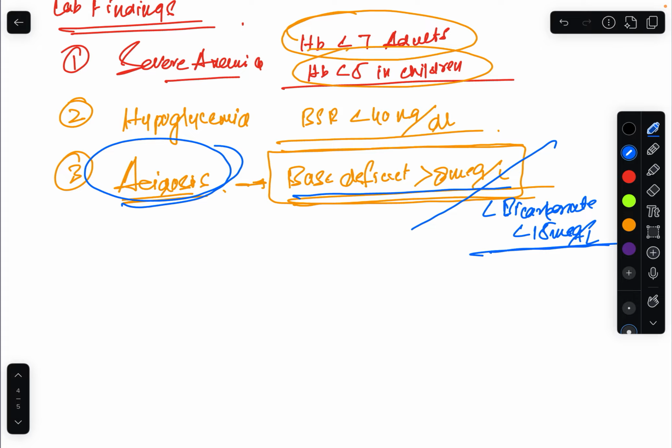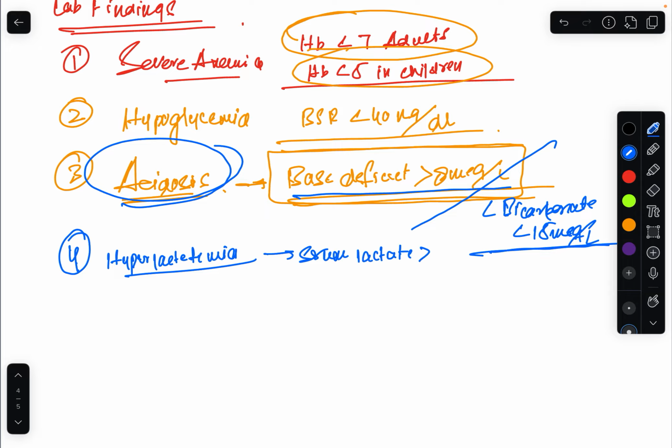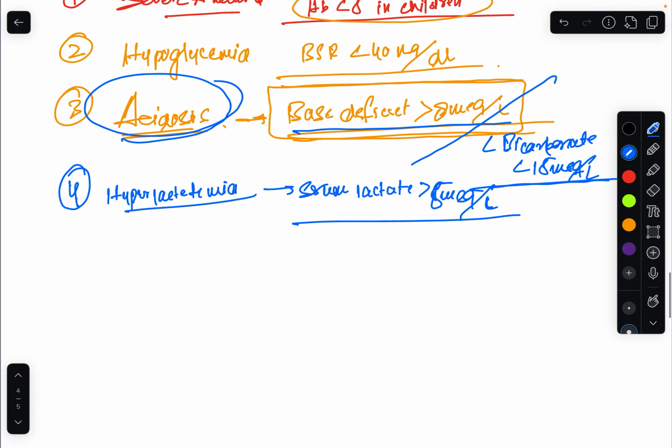First is severe anemia, second is hypoglycemia, third is acidosis, fourth is hyperlactatemia. Hyperlactatemia means your serum lactate should be greater than 5 milliequivalent per liter. If your serum lactate is more than 5 milliequivalent per liter, then this is also a marker of severe malaria.